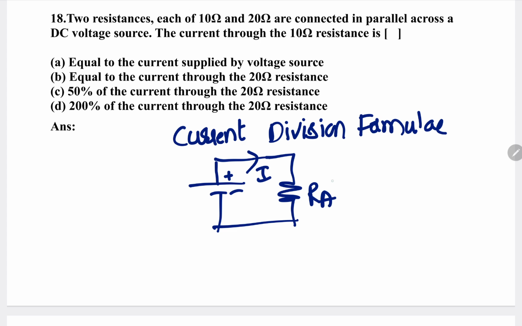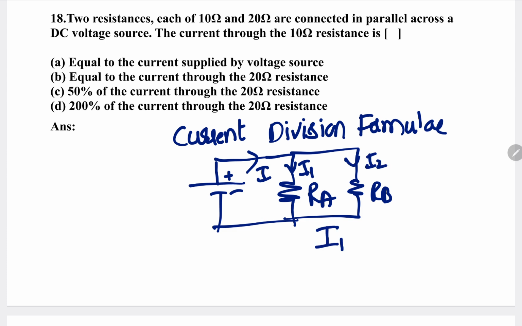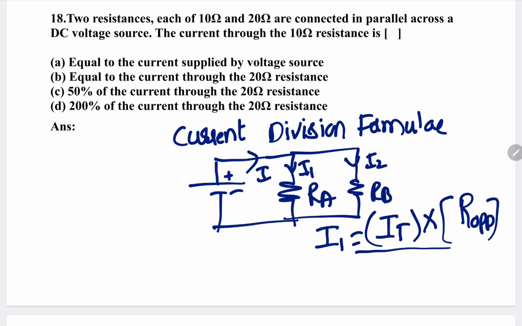Let us say it is RA and it is RB, and I want I1, I want I2. So what is the current division formula? I1 is equal to total current into opposite resistance divided by sum of resistances in parallel.